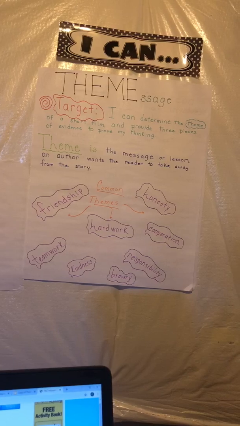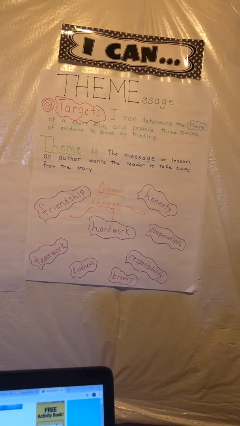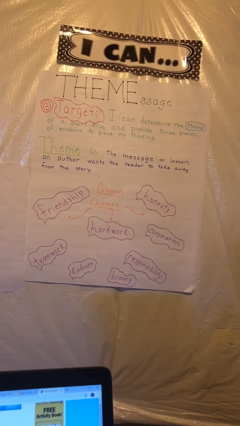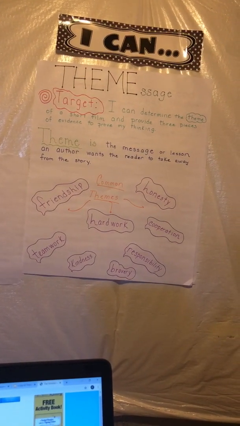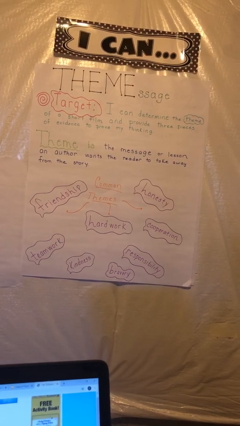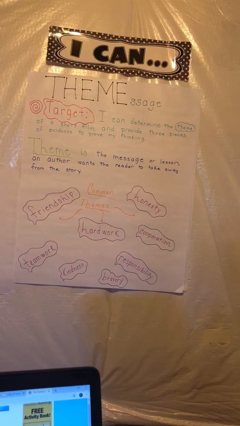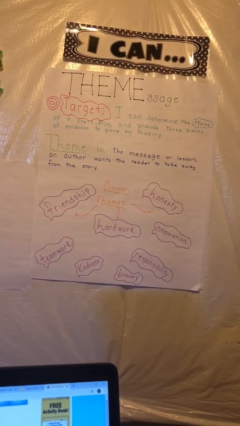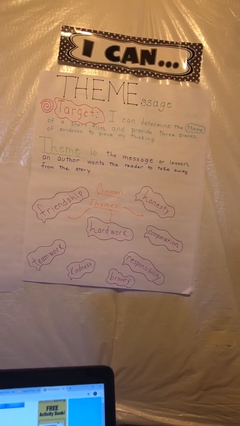We're going to be working through one together, and then you are going to be working through some things on your own as you work through your independent packet. We're going to be looking at a fable today and then a different fable tomorrow to kind of wrap up our theme topic this week.